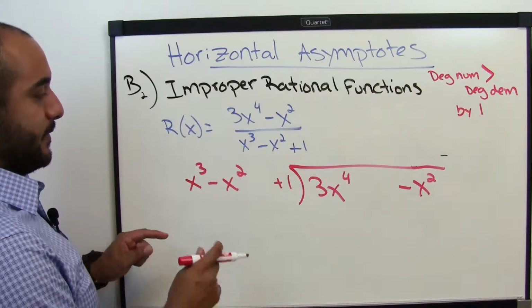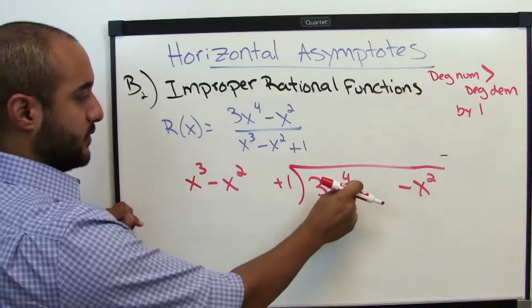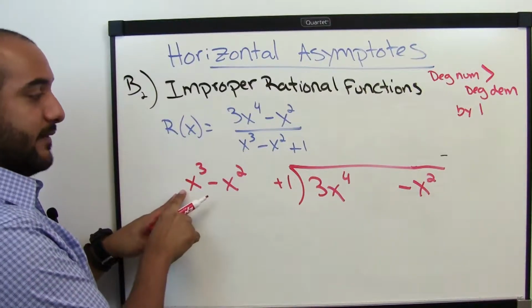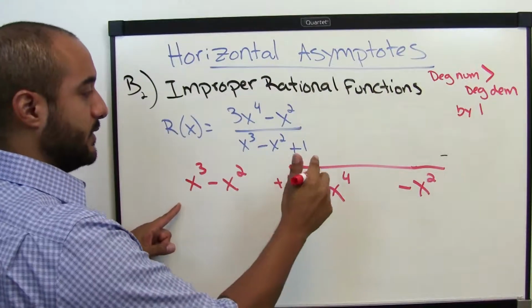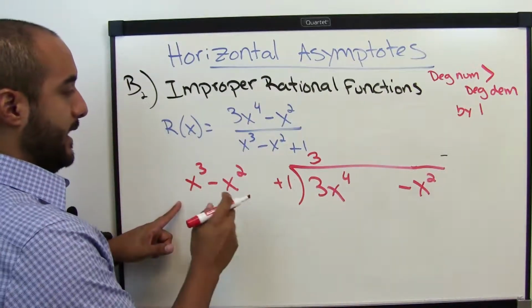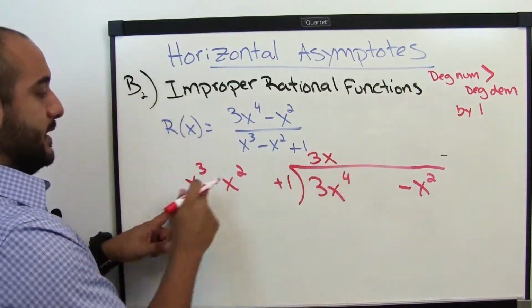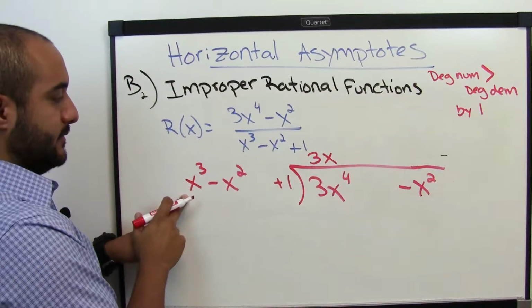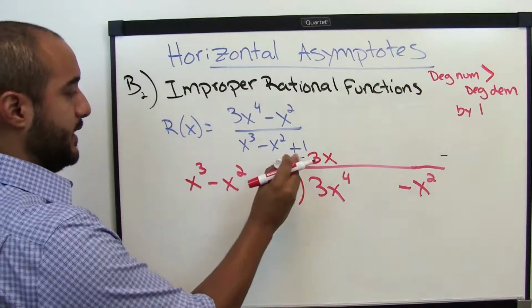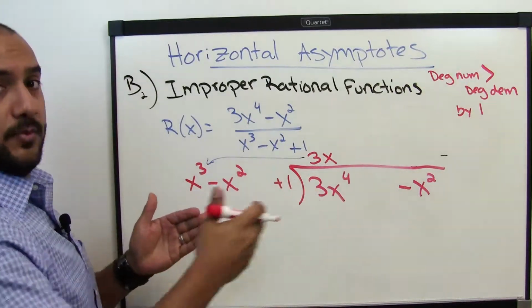So let's see. I'm going to look at the first term. I have 3x to the fourth. Remember, I need to make them the same, right? This doesn't have a coefficient, so I need to multiply this by 3. And I need to make it x to the fourth. So I need to also multiply this by x. If I do that, when I multiply 3x times this, I'm distributing now.